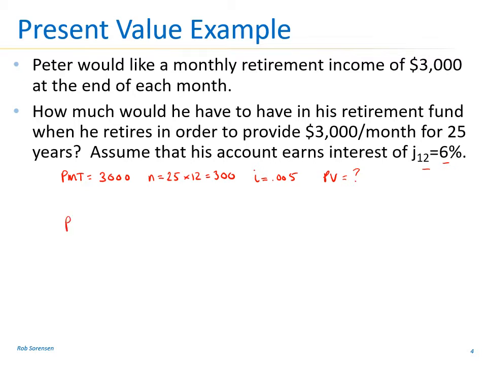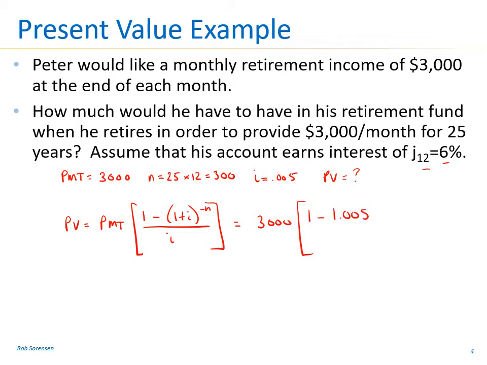In this case, the formula we just learned: present value equals payment, multiplied by 1 minus (1 plus i) to the negative n, over i. With our values, we'll go and substitute those in. 3,000 times 1 minus 1.005 to the power of negative 300, divided by 0.005.